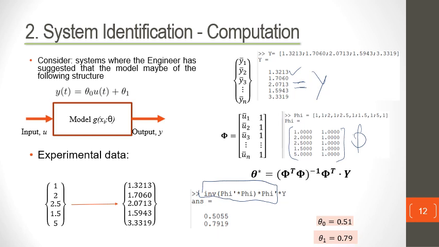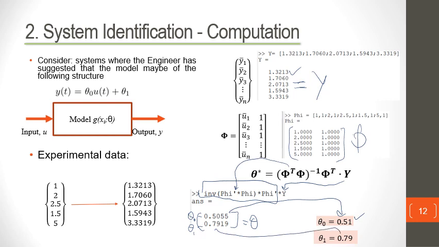You will see that the transpose in Octave is simply a dash. The T here becomes that. So you take that inverse and then you multiply it by y. And then this gives you a vector with two values. This becomes your theta. The top one becomes theta 0. The bottom one becomes theta 1. So therefore it means that your theta 0 would be approximately 0.51, which is that. And theta 1 is approximately 0.79.